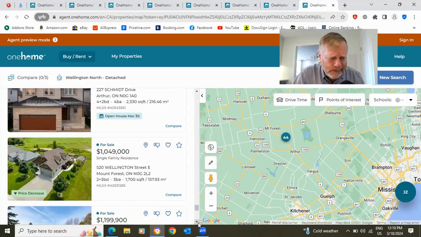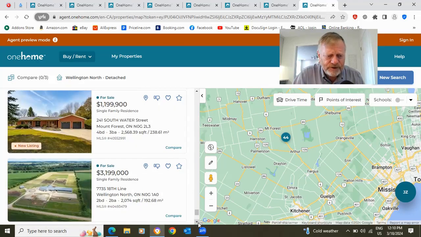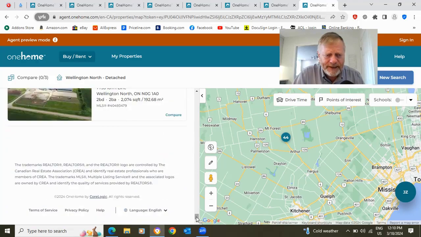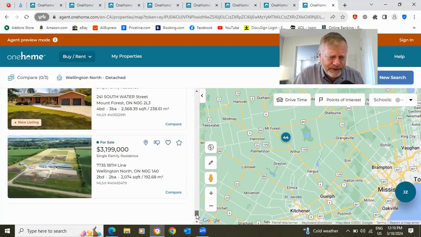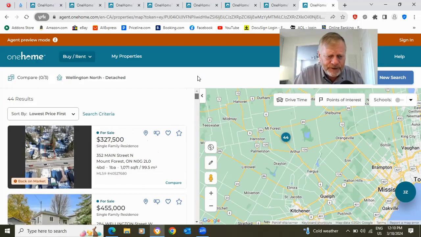Anyway, some nice homes, nice properties. And the range again is from 3.2 basically up to 327. So 10 times, so basically the range. So I think that's it.